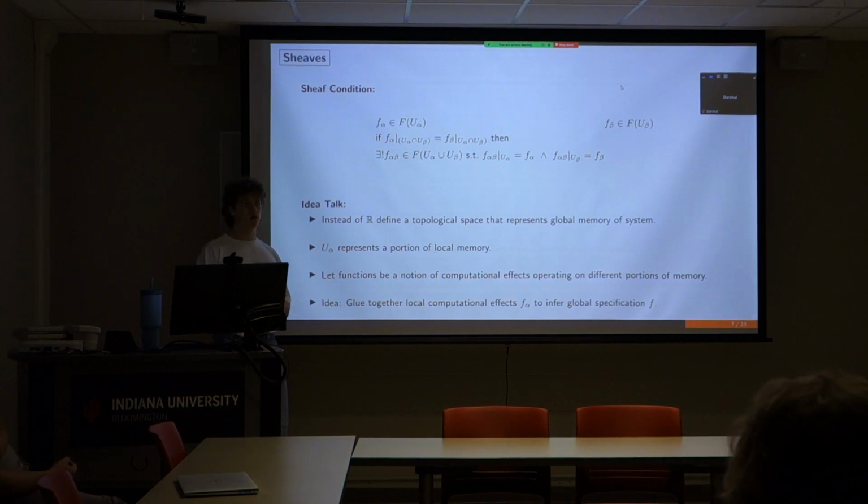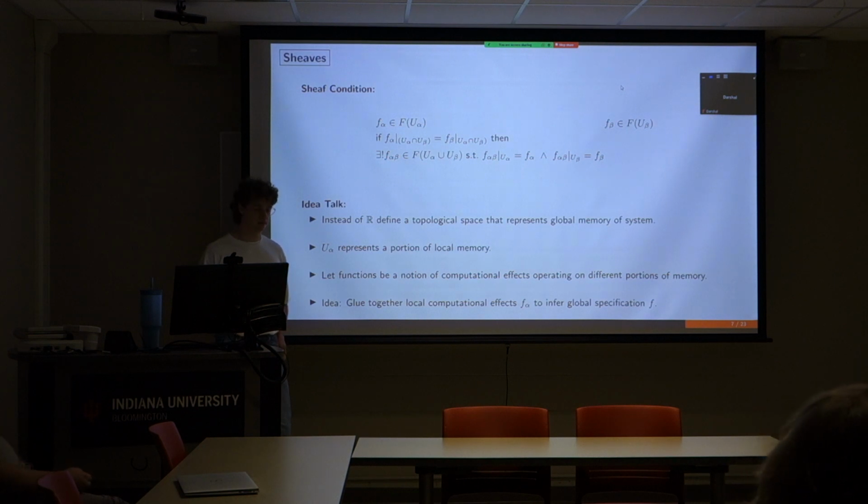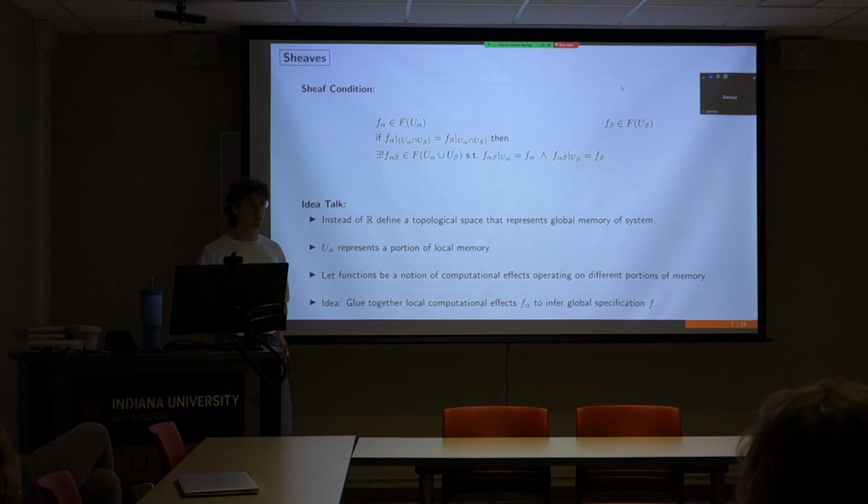And then instead of functions from the real numbers, or from an open interval to the real numbers, we will look at computational effects that operate on certain parts of the memory. The idea now is to look at computational effects that operate on different parts of the memory.